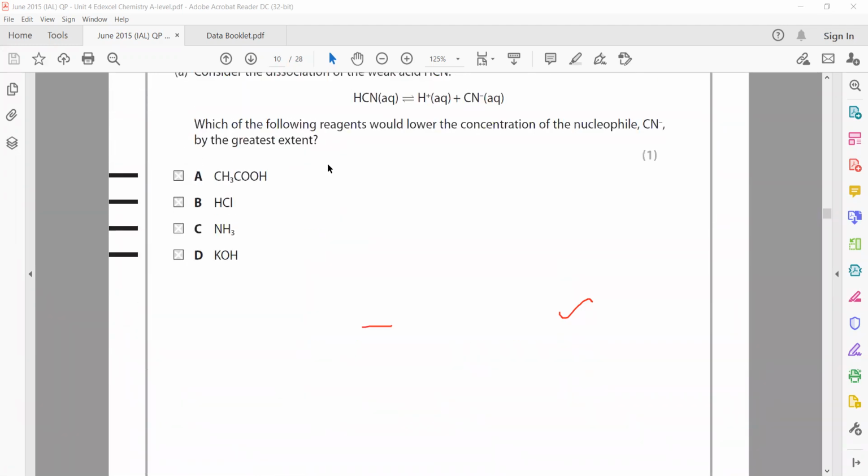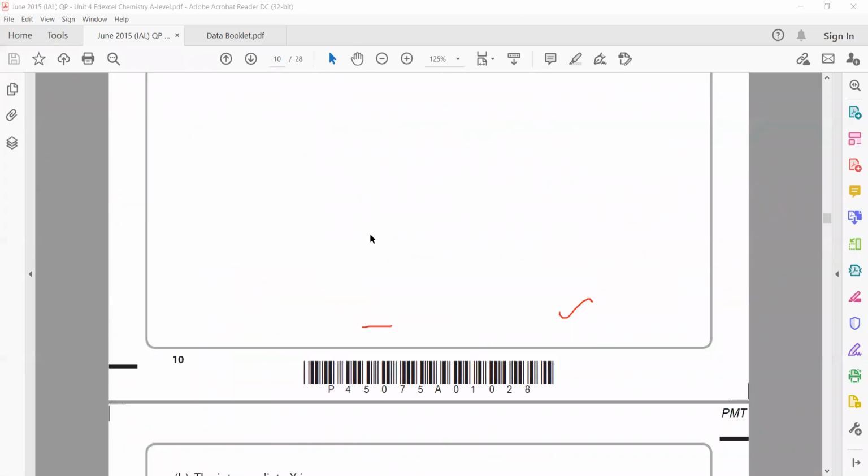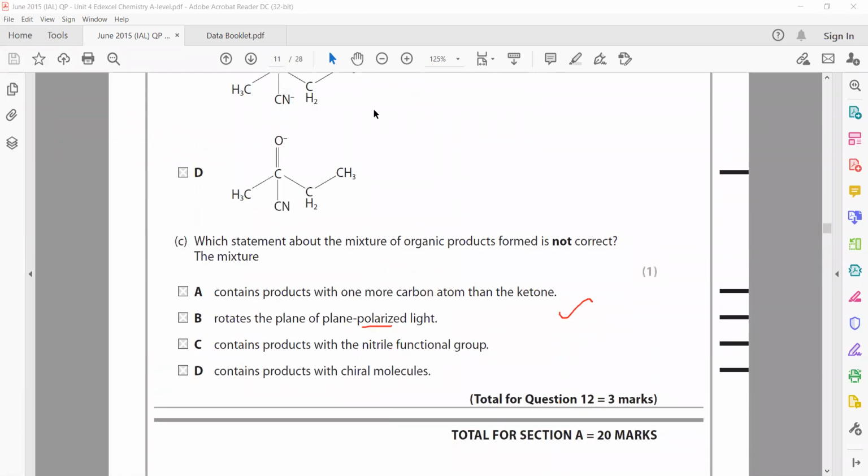It is having a chiral carbon, but what happened? Because it's trigonal planar, CN can attack from any side, so it results in the formation of a racemic mixture. So as the racemic mixture is formed, it cannot rotate the plane polarized light.